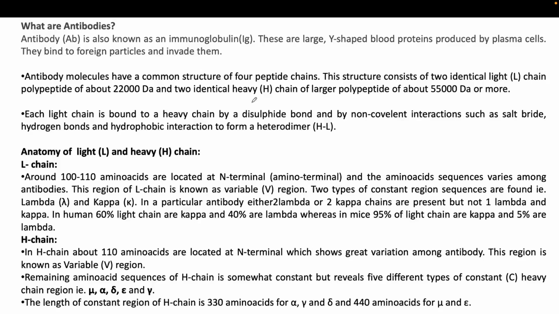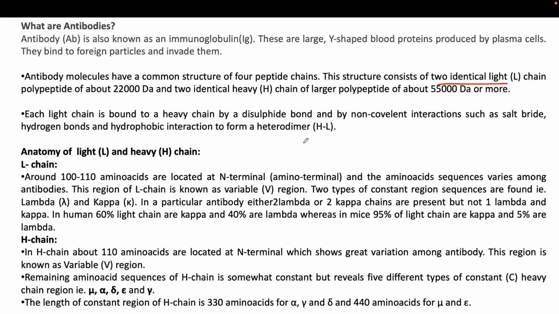It is made up of four chains: two identical light chains and two identical heavy chains. Each light chain is bound to a heavy chain by a disulfide bond, and by other non-covalent interactions such as salt bridges, hydrogen bonds and hydrophobic interactions, to form a heterodimer.